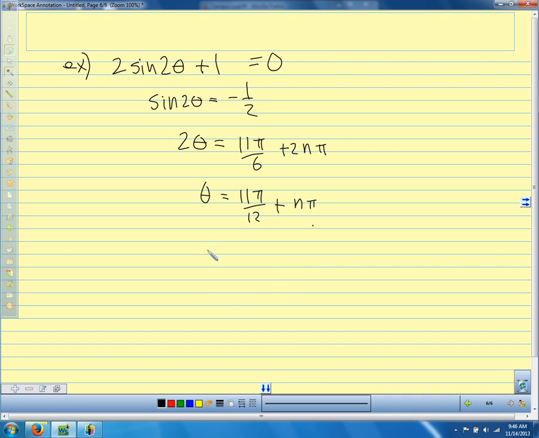And I get one more angle. 2 theta equals, what's the other angle with a sine of negative 1/2? 7 pi over 6. So theta would equal 7 pi over 12, and this should be a 2n pi plus n pi.